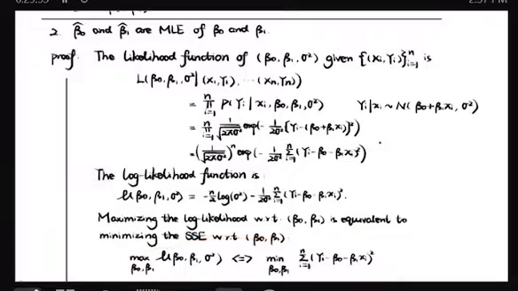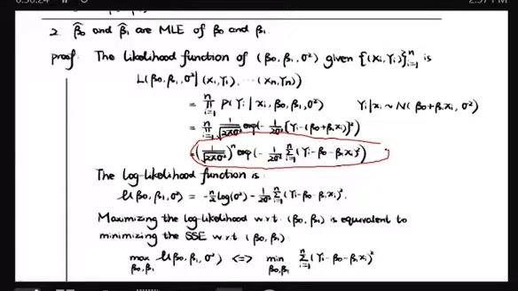Take a look at the log likelihood here. We can get the maximum likelihood for beta naught, the maximum likelihood for beta 1, and we can also get the maximum likelihood for the variance, sigma squared. They are three parameters now: two parameters for the model and sigma squared.